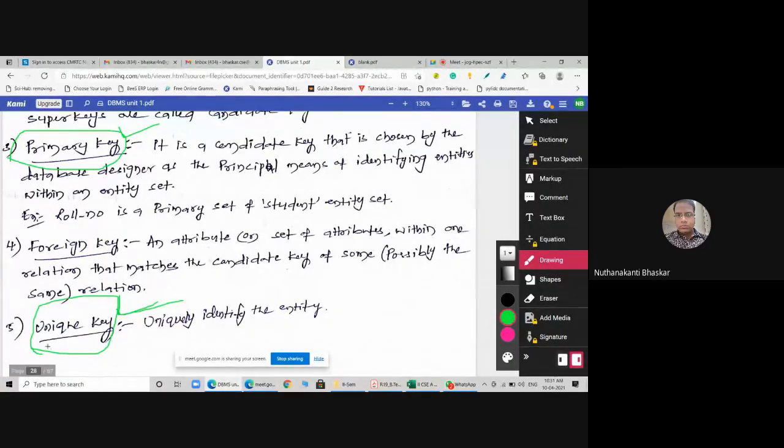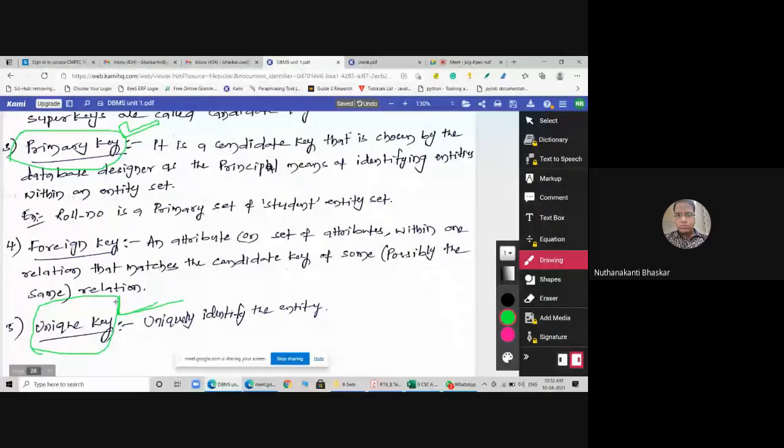One more difference: the primary key doesn't accept any null value. When we define an attribute as a primary key attribute, it doesn't accept null values; whenever we give a value to the attribute, it must not be null.